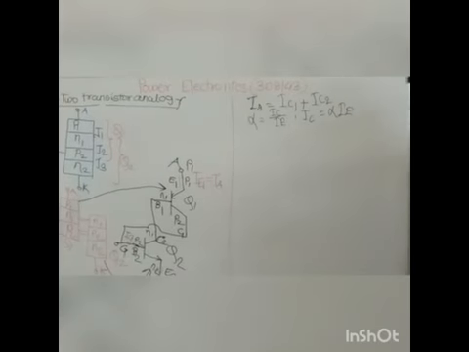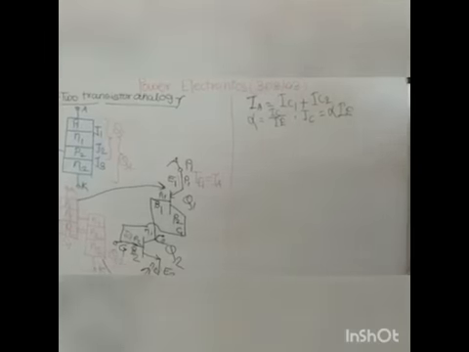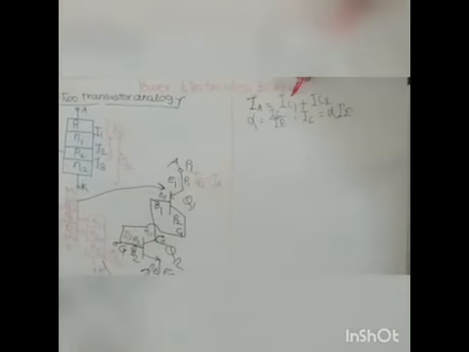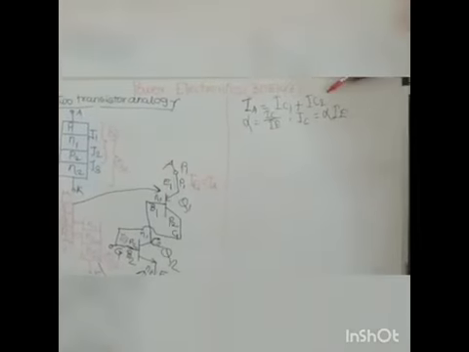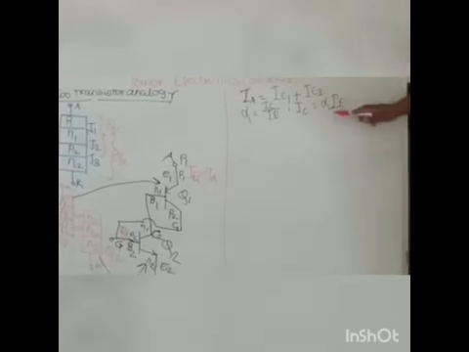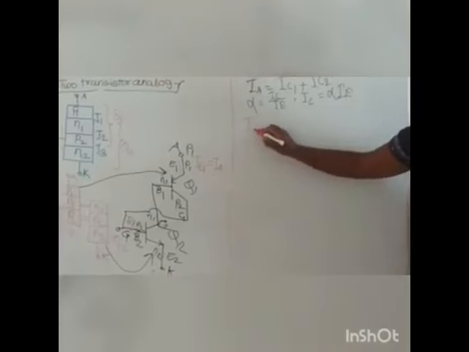Now calculate the collector current equation for transistor 1 and for transistor 2 by using this current gain equation. Then you will get IA, that is the anode current.